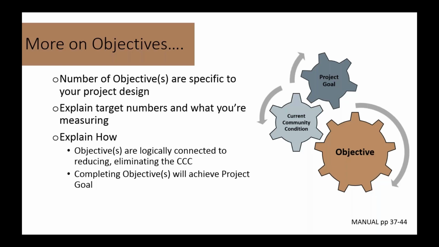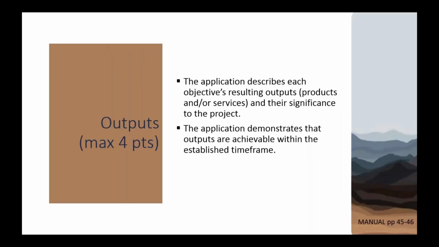By simply hiring staff, you can't readily see how that's going to achieve the project goal. What's important is what that staff will be accomplishing and what the building block is that they're going to be doing to achieve that project goal and eliminate the current community condition.